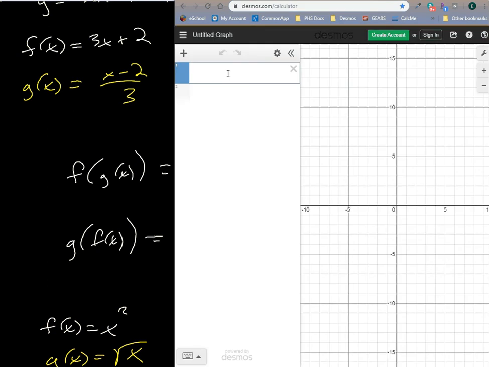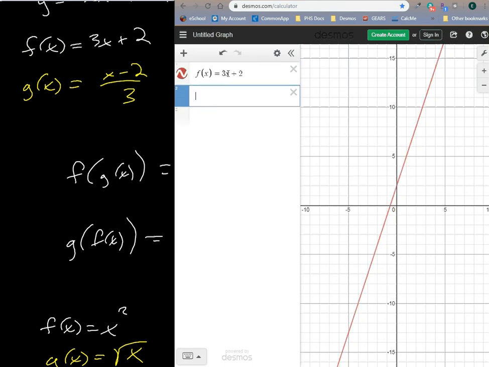If we graph the function f of x equals 3x plus 2, and we graph the function g of x equals x minus 2 over 3, look, they don't have any obvious symmetry.